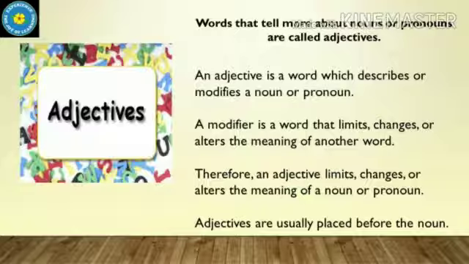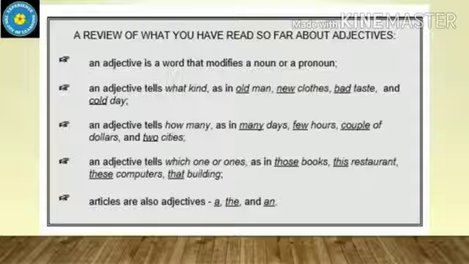So an adjective can limit us to an extent; it changes or alters the meaning of a noun or a pronoun. And remember, it is usually placed before a noun. Let me remind you once again, an adjective gives us more information about a noun or a pronoun in a sentence. Now, how can you find adjectives?